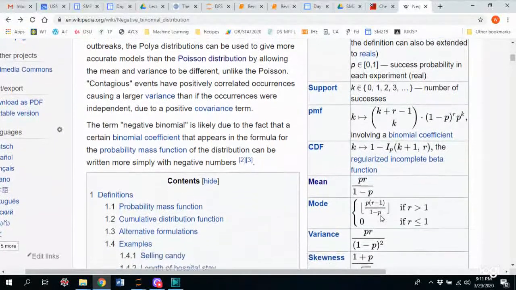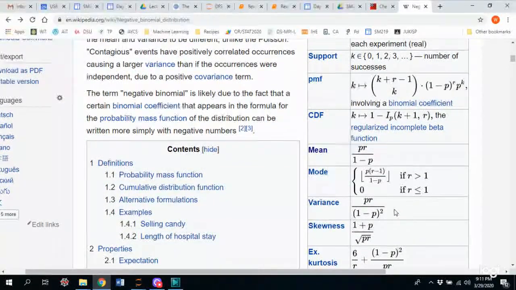And they don't have the standard deviation here, but they do have a formula for the variance, p times r over 1 minus p squared. And remember that the variance is the square of the standard deviation, and so you could just take the square root of this value and get the standard deviation.